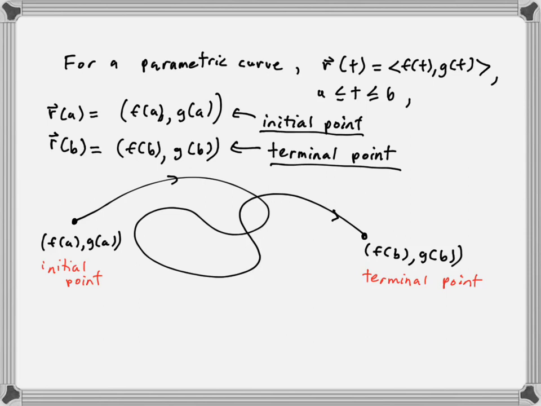Okay, let's keep practicing because, of course, the last example that we did, we could just write x as a function of y or y as a function of x, but you can't always do that, because it won't always be a function. So let's go to another example.